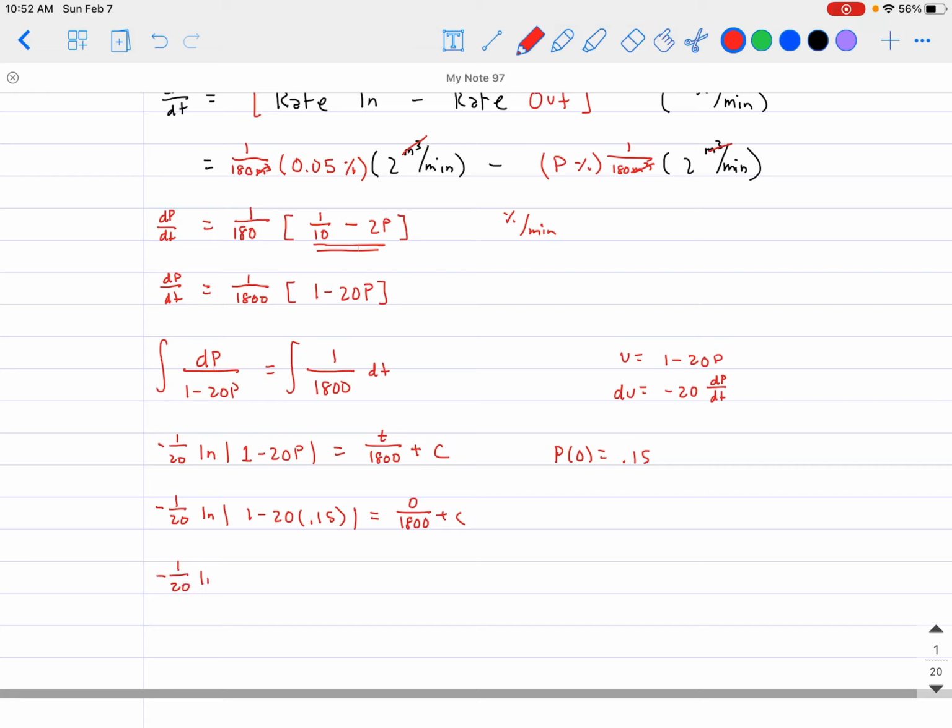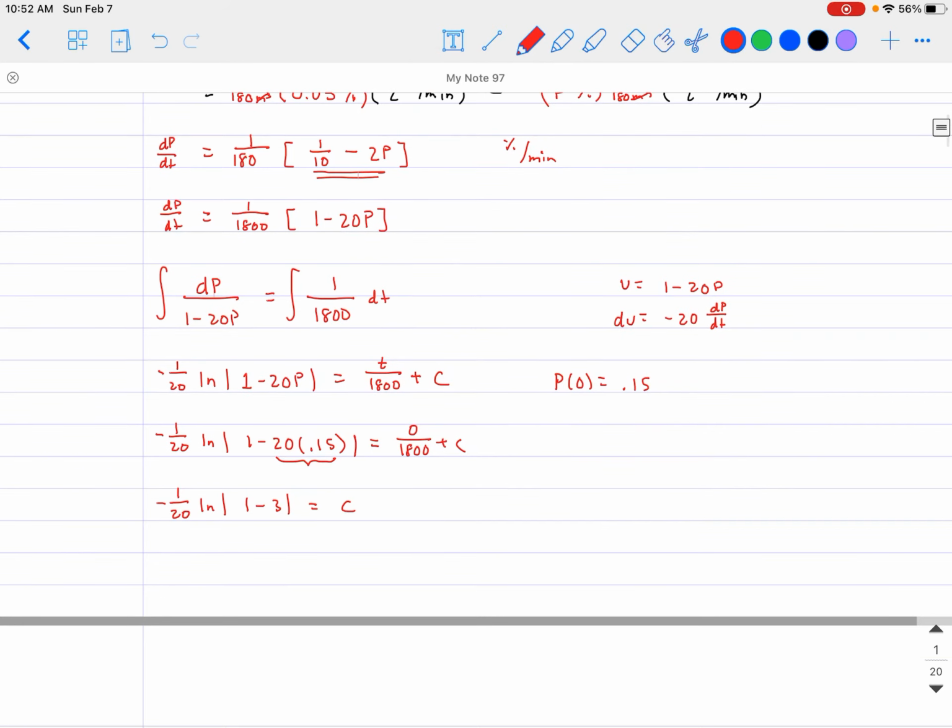Negative 1 over 20, ln of 1 minus 20 multiplied by 0.15. That's like saying what's 15% of 20? That is equal to 3. So 1 minus 3 right there is what goes inside, and as I said earlier, you have a natural log of a negative number, so thankfully we have that absolute value there.